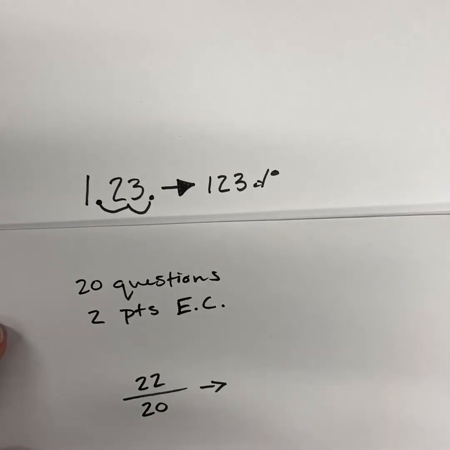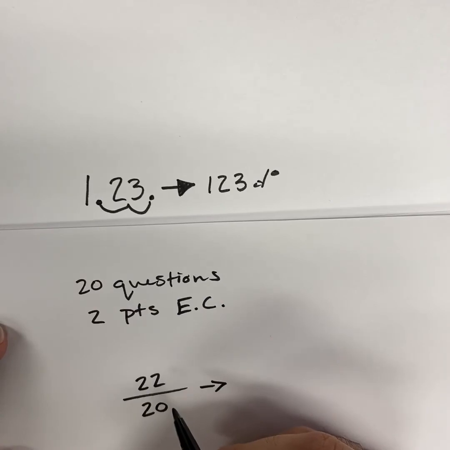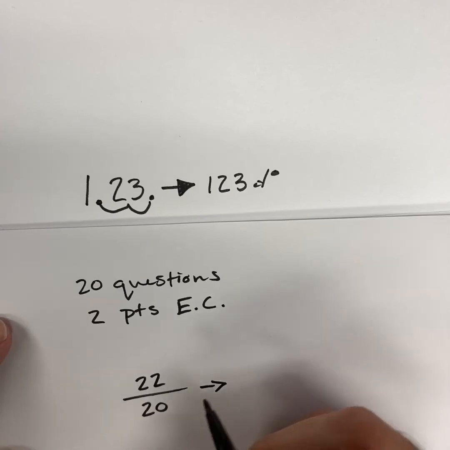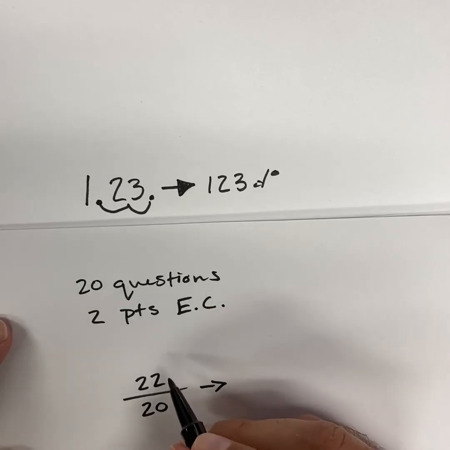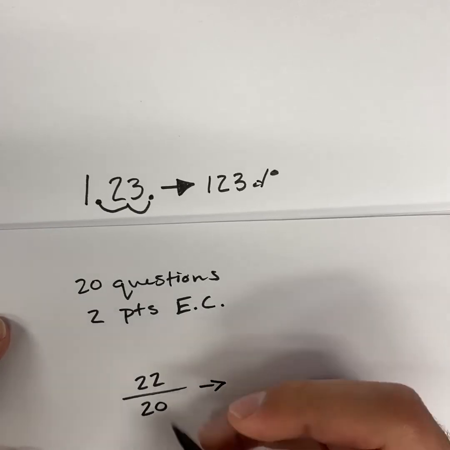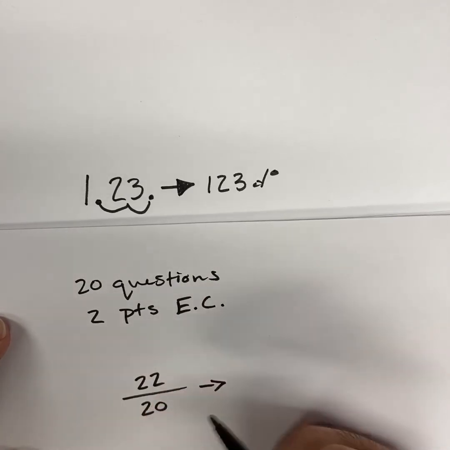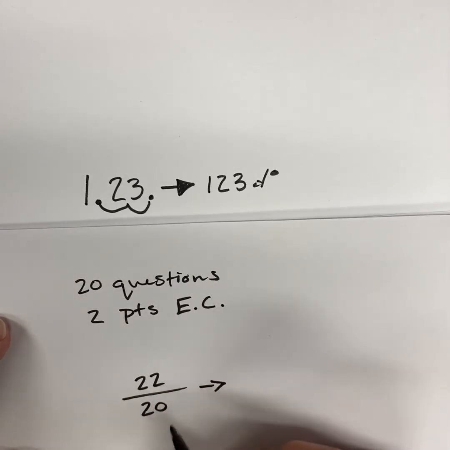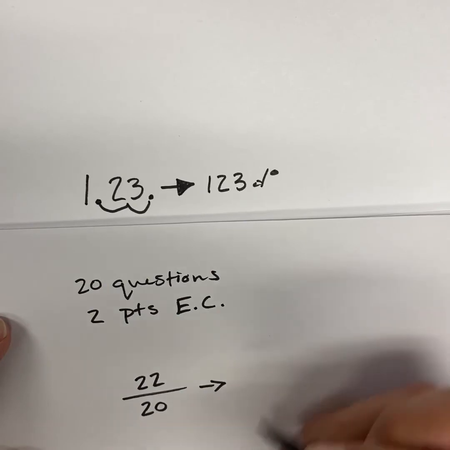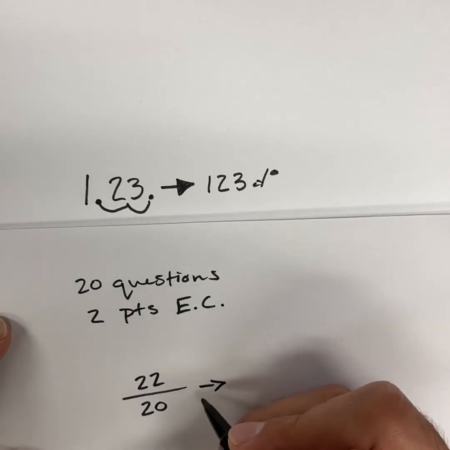What I'm going to do is use my knowledge of numbers here, and find my percentage by using equivalent fractions. I can multiply my top and my bottom here by 5. I'm not going to change the ratio between the numbers. I just want to see how many I got right out of 100. If I can make my denominator 100, we can find the percentage. So I'm going to multiply my top and the bottom by 5.